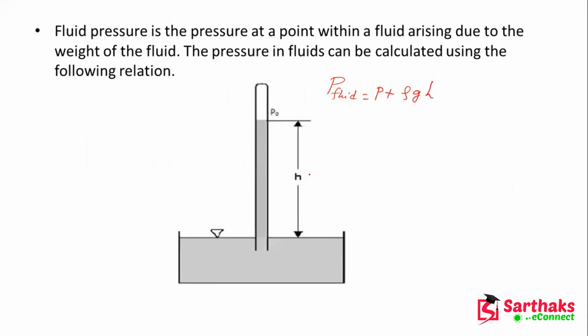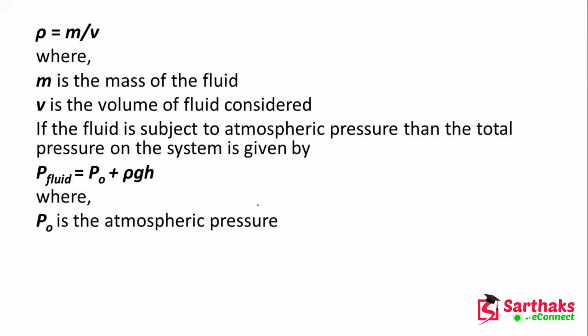Here h has been shown. Now this P0 is the initial pressure. Rho is the density of the liquid, g is the gravitational acceleration, and h is the height of the liquid.